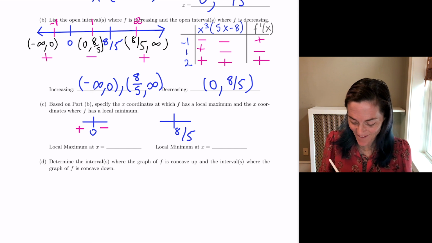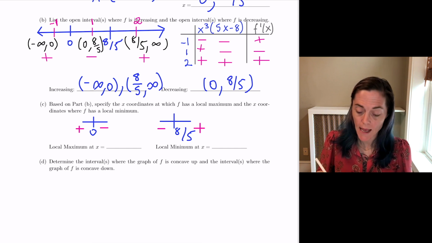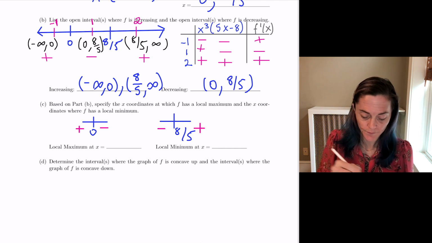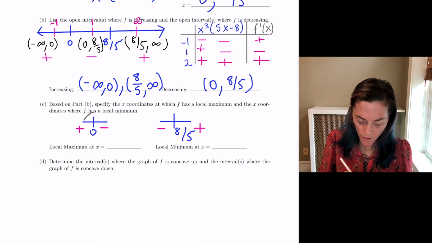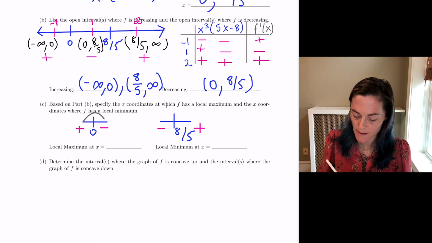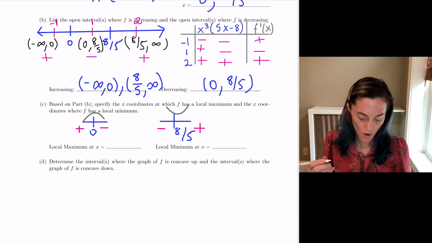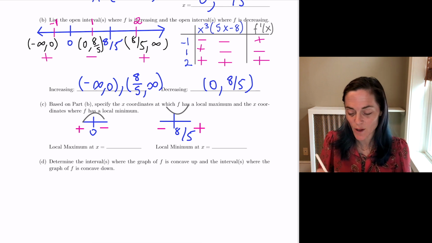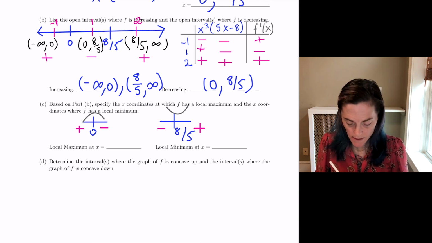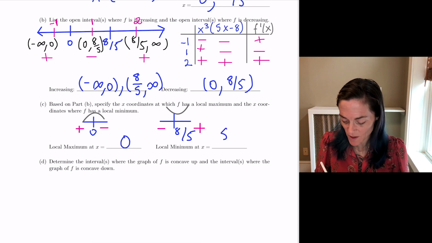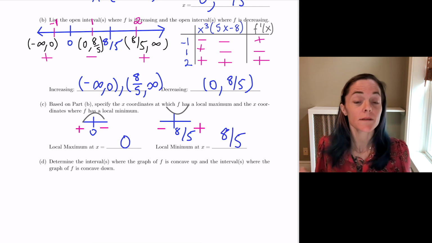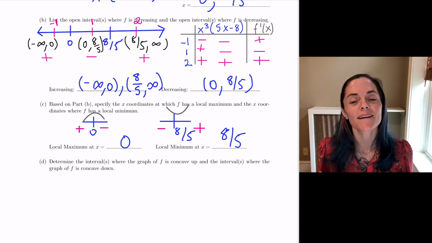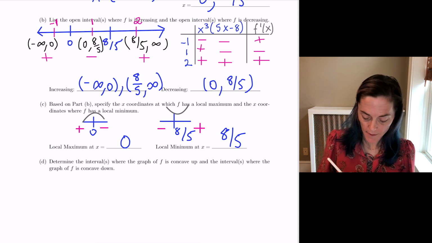Around 8 over 5, we have minus, plus. Now we sketch. This says increasing, decreasing. This says decreasing, increasing. Okay, you can see we have a local max at x equals 0. You can see we have a local min at x equals 8 over 5. We've used our intervals of increasing, decreasing here.